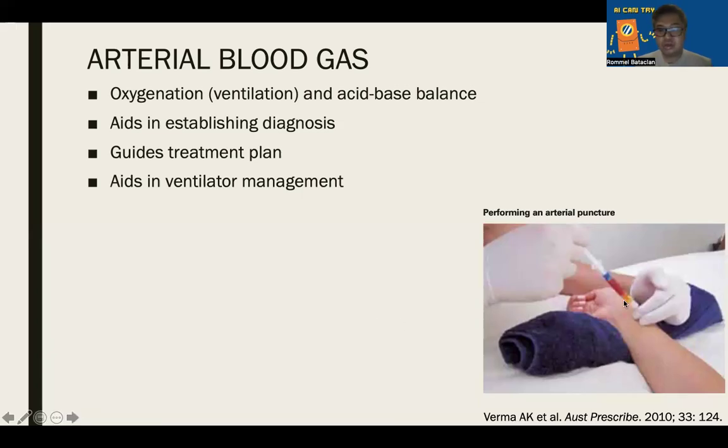So usually there's a heparin infused here in the syringe, and then an arterial pulse. It's a much more difficult extraction as compared to the venous, and an indication that you get an arterial blood is that it is relatively bright reddish in appearance.